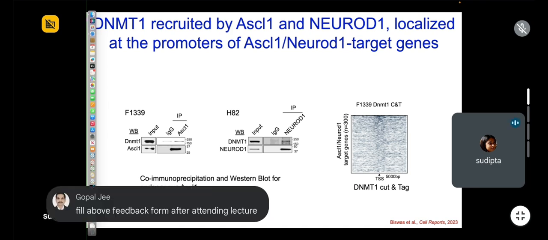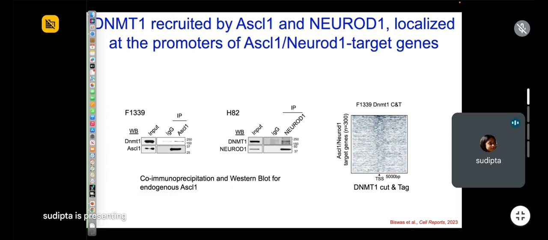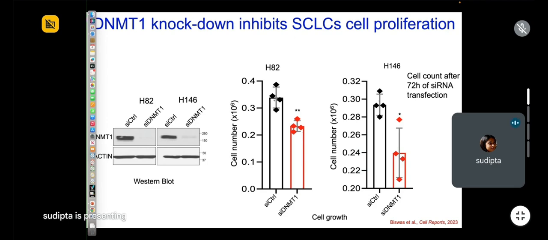We pull that chromatin and give it for sequencing. That way we will know in which area of the chromatin DNMT1 binds. And we did see that DNMT1 is binding at the ASCL1 and NEUROD1 genes. So it confirms that DNMT1 is binding the neuroendocrine differentiation transcription factors, and it is inhibiting them that way.